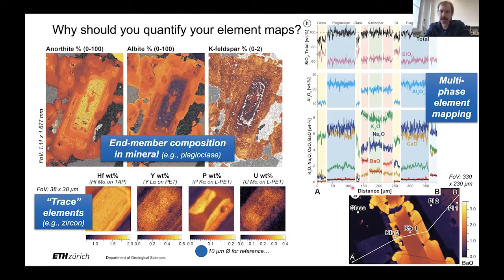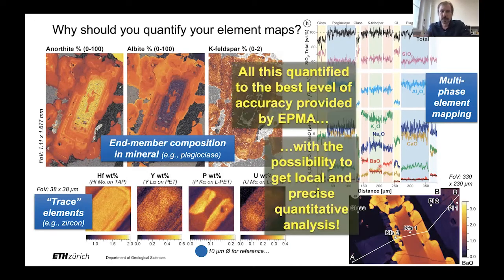And all these data are perfectly accurate. So that's basically my take-home message here as an introduction. You should definitely quantify your maps to the best level of accuracy that the microprobes can provide you. And all that can also provide you with precise quantitative analysis similar to point analysis. We'll see how we go through that.